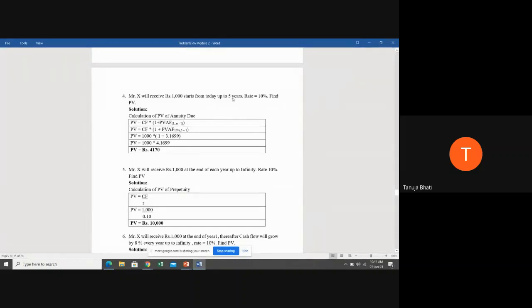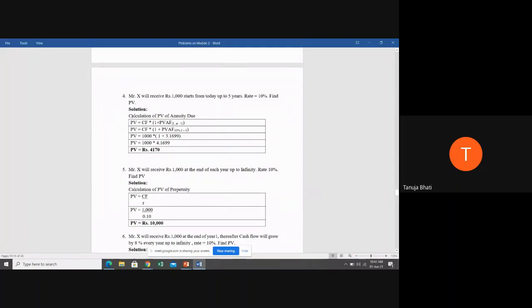And they're telling to find the present value. So under which category is it falling, students? Annuity due, because it starts from today. So today is the beginning of the year or beginning of the period, correct? It is 5 years. So it is the beginning of every year he will receive 1000.